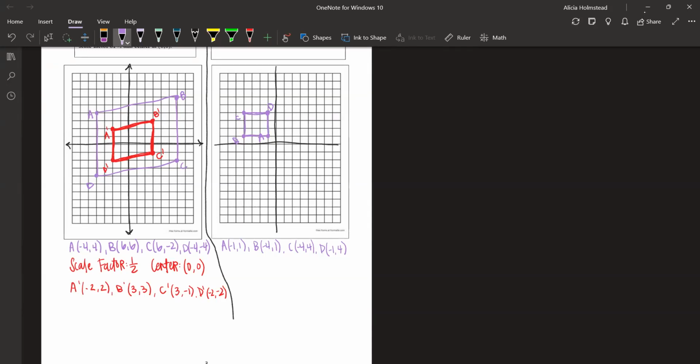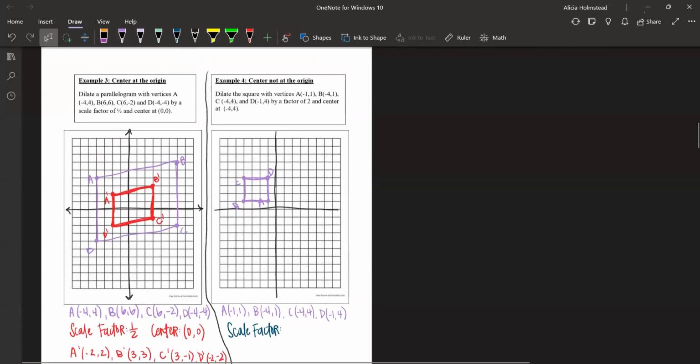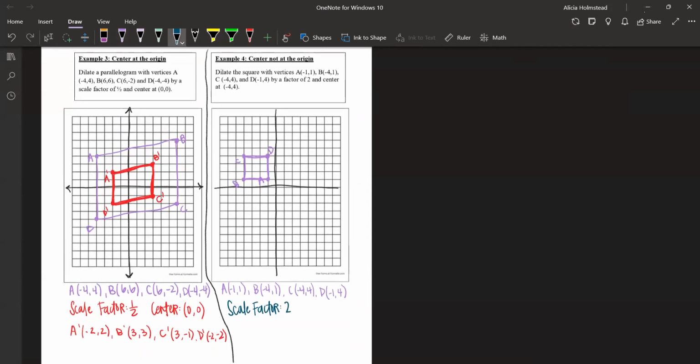Okay, and then let's record the information about our dilation. Our scale factor for this one is 2, but our center now is located at negative 4, 4. So on our graph, point C right here is our new center.